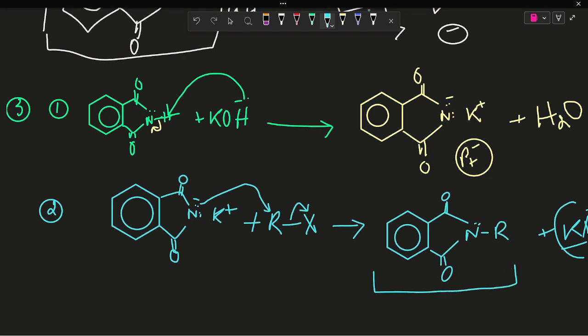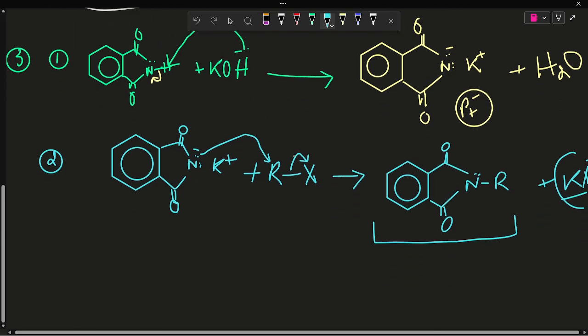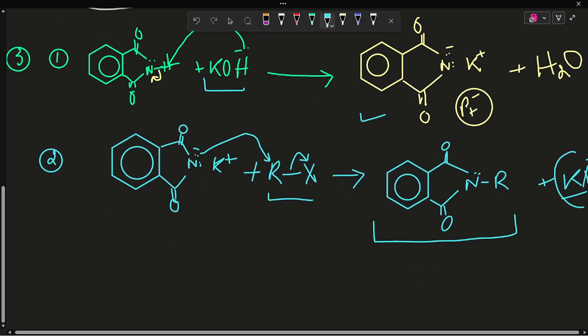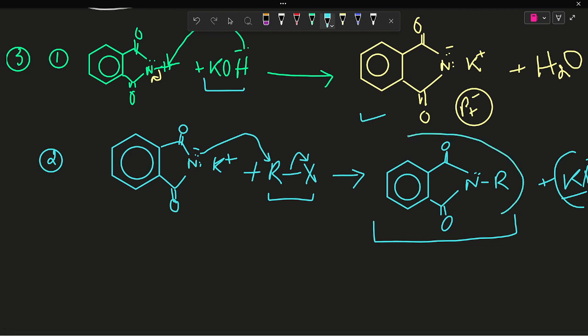Now you need to understand these two steps are very simple. In the first step we add base, and what we get is the phthalimide ion. In the second step we add alkyl halide, and what we get is this molecule, that is, the alkyl group connected to the nitrogen of the phthalimide ion.